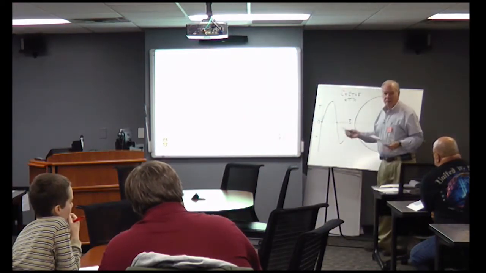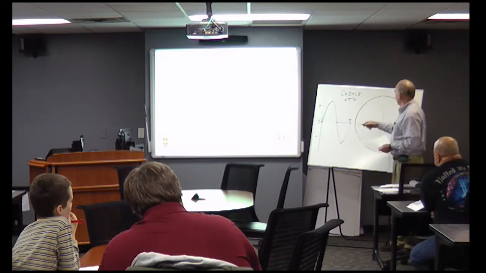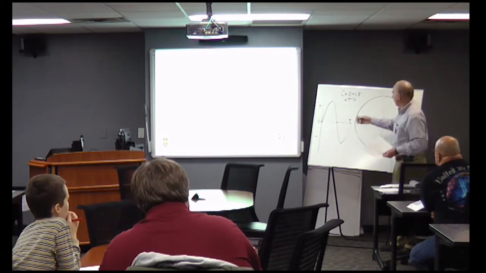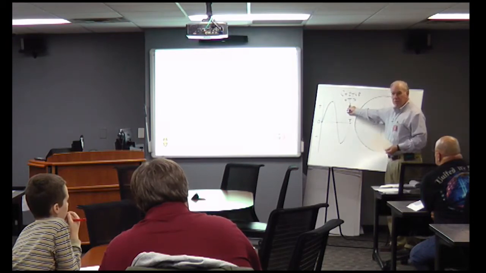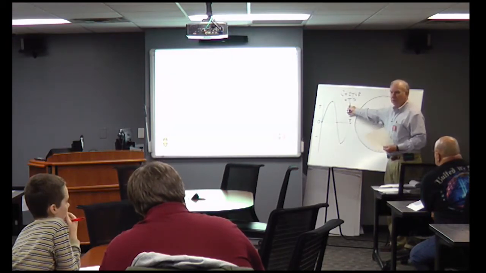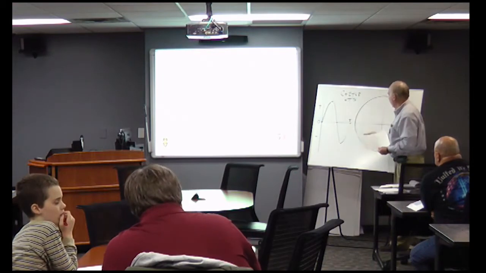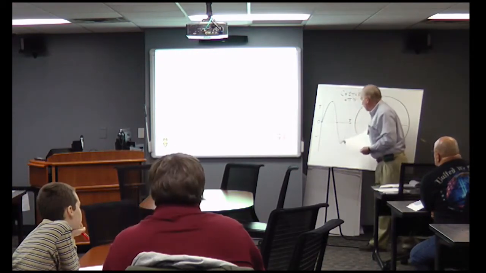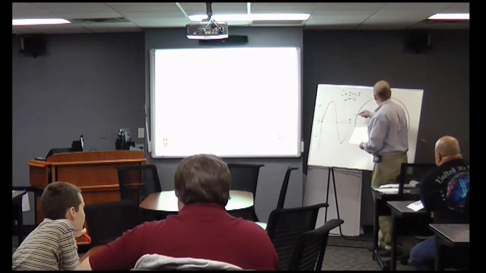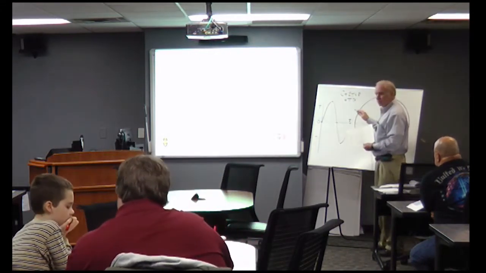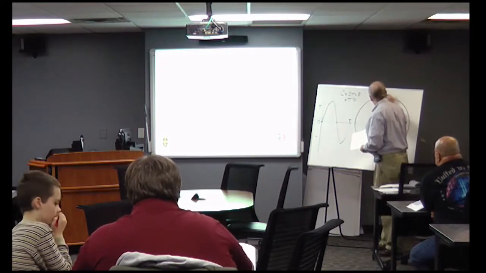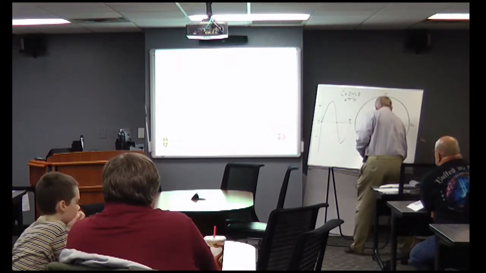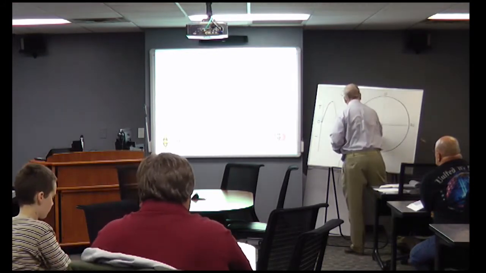This is a mathematical truism that the ratio of the circumference of a circle to the diameter is constant. And that constant is pi, which is 3.1416 approximately.